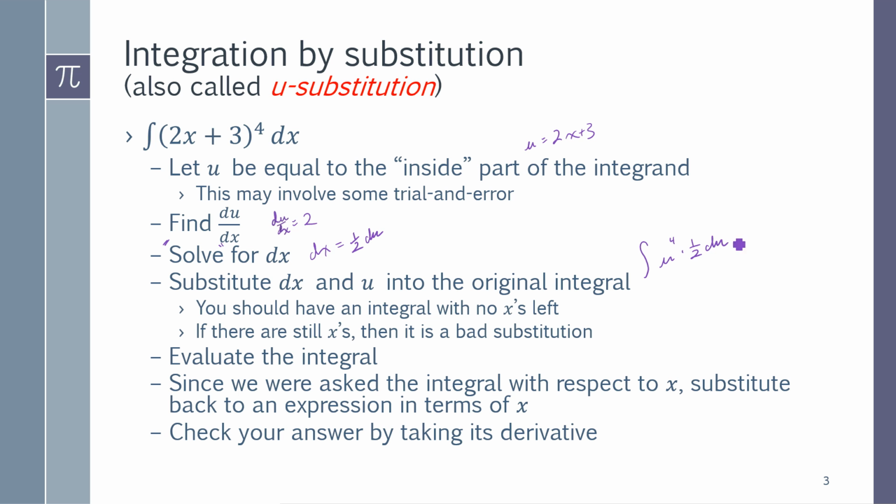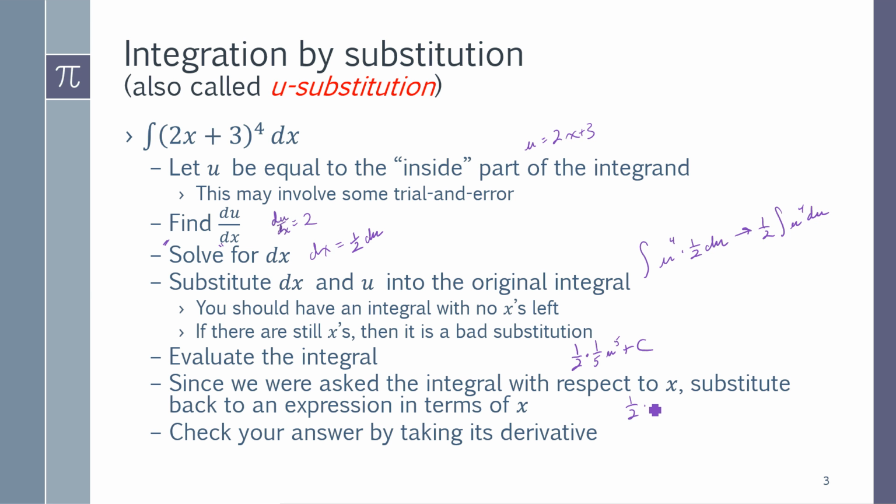I can simplify this a little bit. 1/2 is a constant multiple, so I can pull that all the way out. And that's a much easier integral for me to figure out now. So I can evaluate that integral. The 1/2 is a constant multiple, I just hold on to it. The antiderivative of u to the fourth would be 1/5 u to the fifth plus c. And then I was asked about this in terms of x, so I need to replace the u with what I said it was.